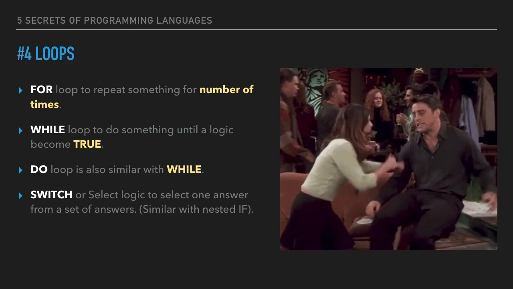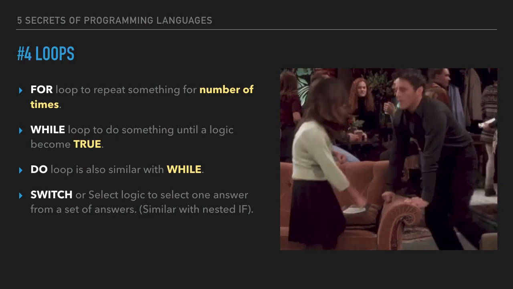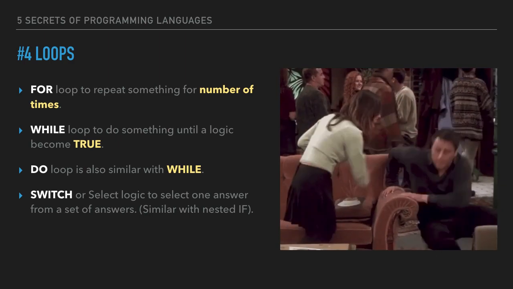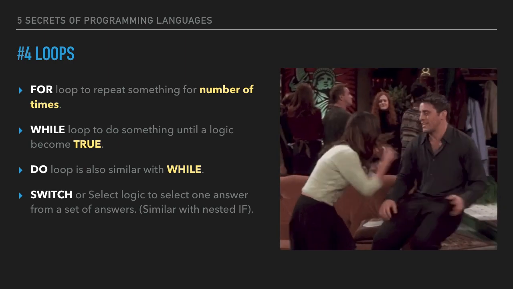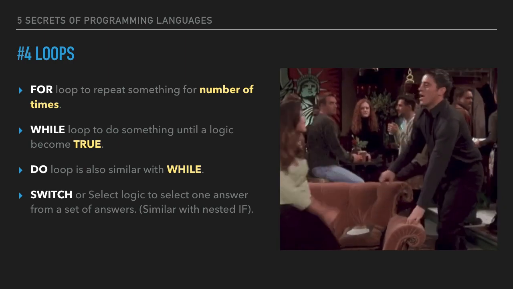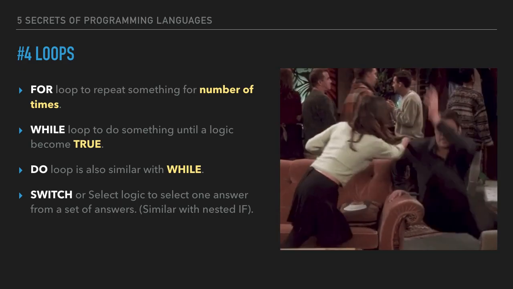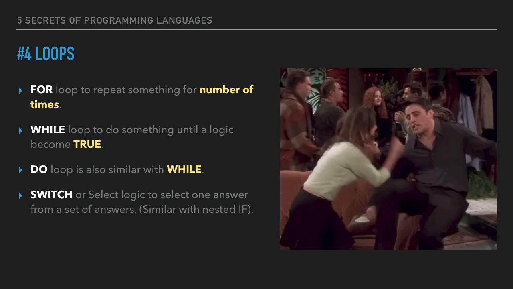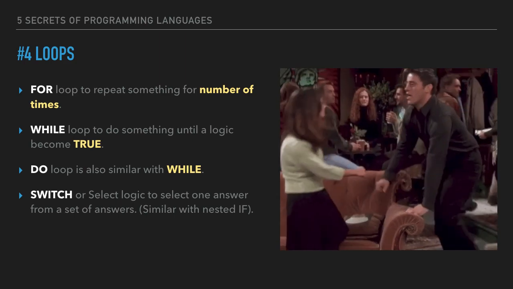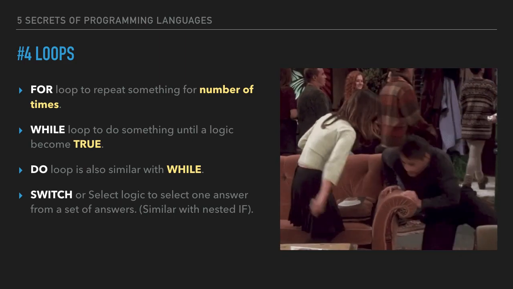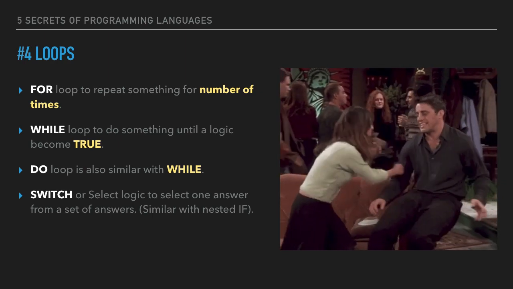For example, you have to keep cleaning your house until your mother comes and says stop. You have to keep reading a book until your teacher says stop. Another example, you have to ride your motorbike 10 times around the city. These are loops, right? You do something continuously, it's a loop.